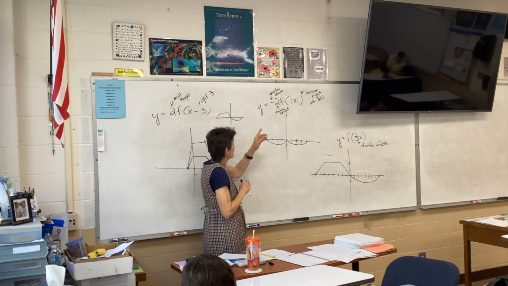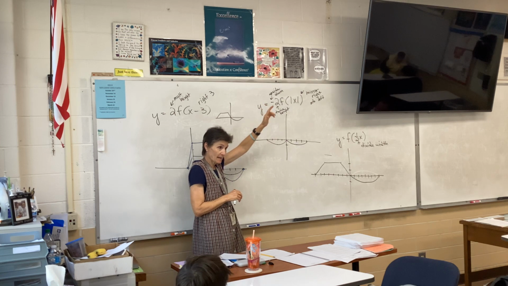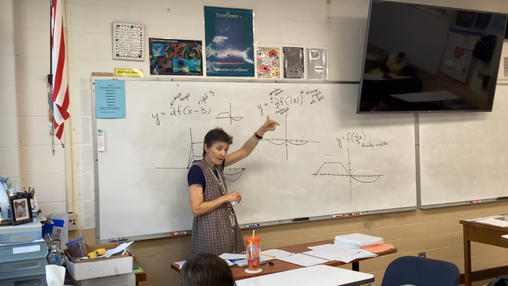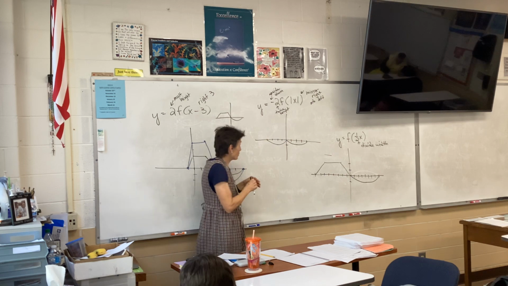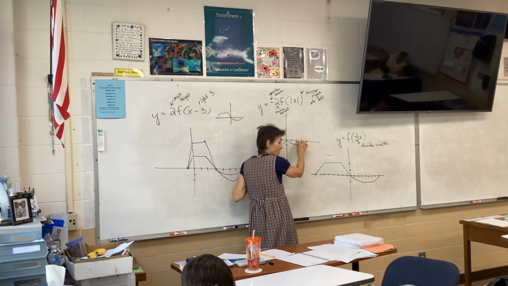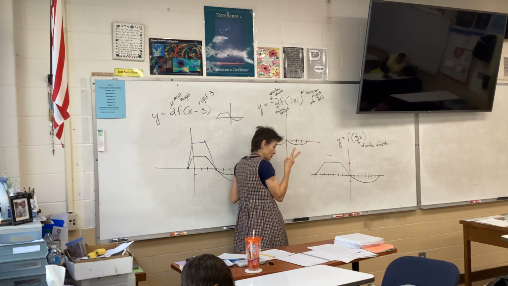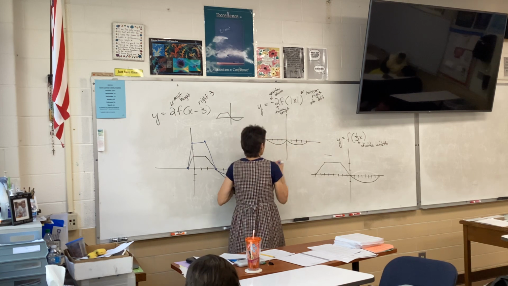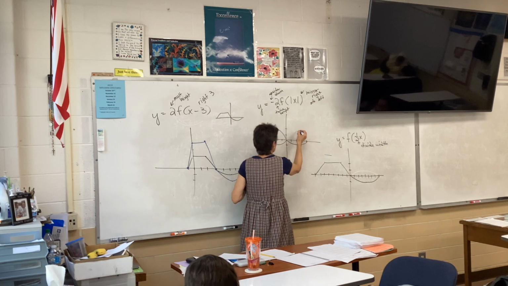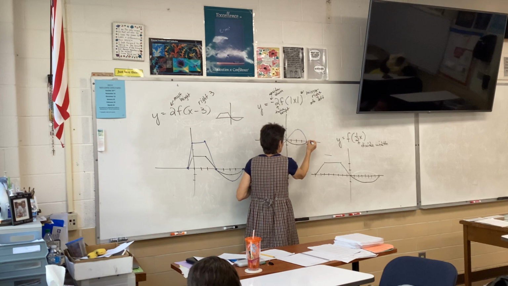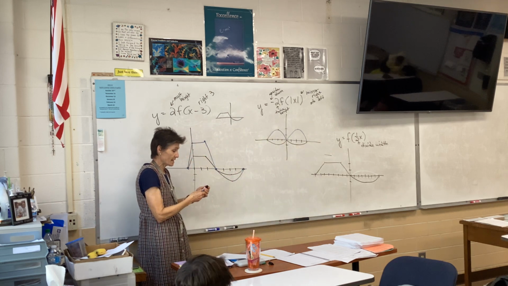Now, what else did we say we had to do? We had to turn it upside down and make it twice as tall. So how tall are these semicircles right now? One. So they're going to be upside down and twice as tall. Would everybody agree that the blue is the answer to the question?